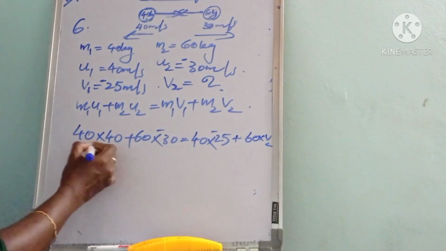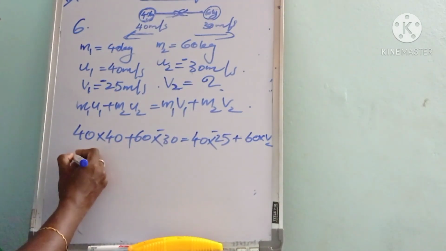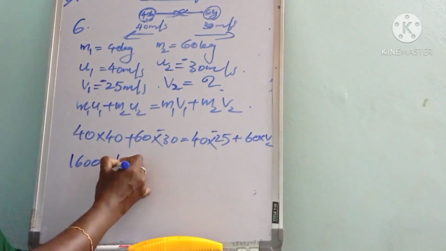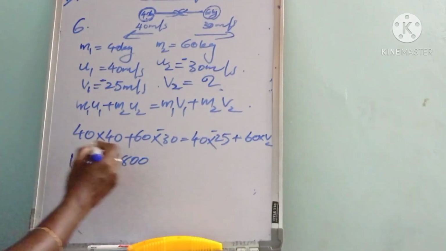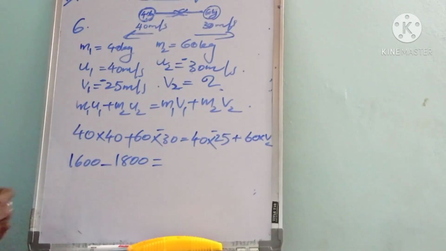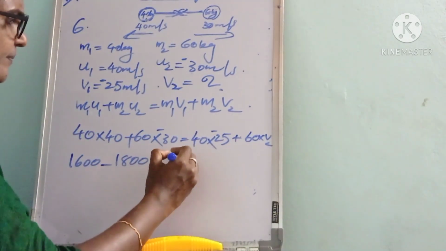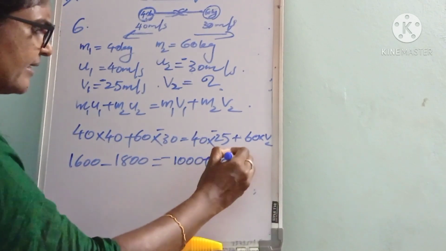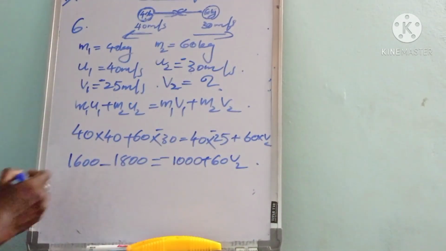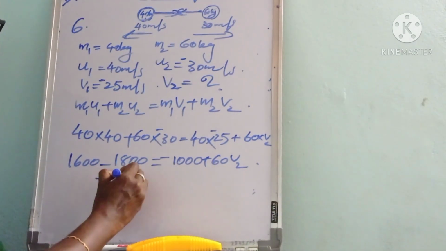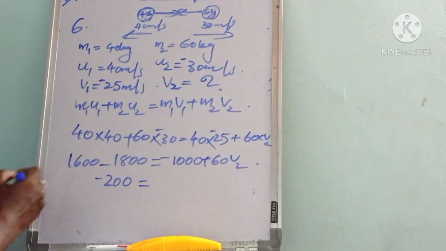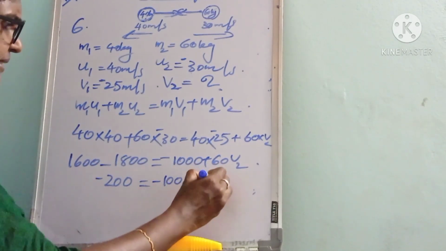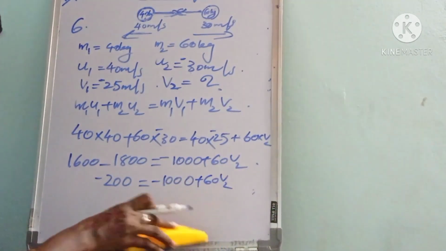By simplifying, 40 into 40 is 1600, minus 1800, that is equal to minus 1000 plus 60 v2. So it is minus 200 equals minus 1000 plus 60 v2.